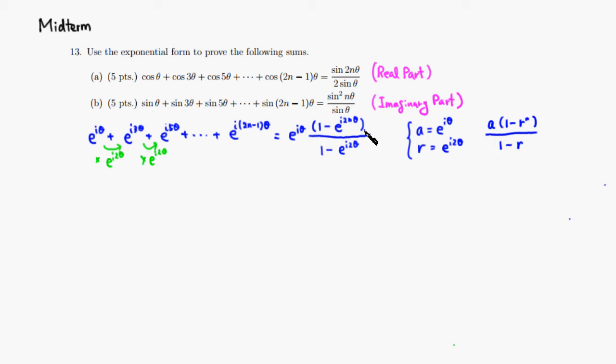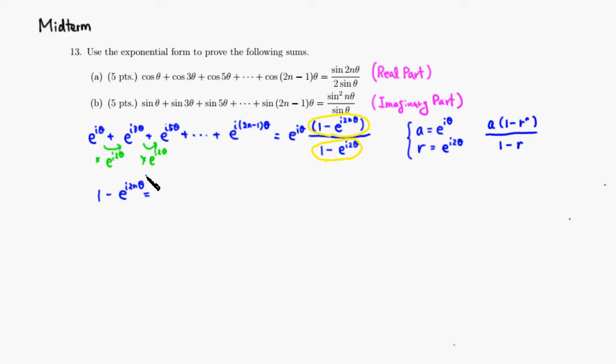Then in order to simplify this right hand side, we're going to use a trick. Let's work on the numerator, and you can do a similar thing with the denominator. We start out with 1 minus e to the i 2n theta.